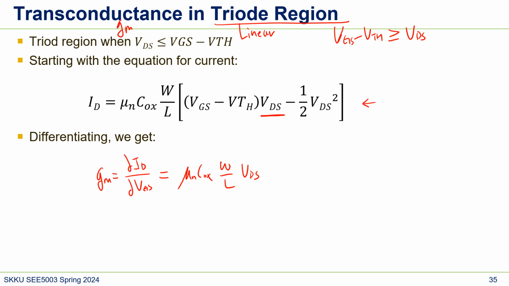And what was the saturation region thing? For the saturation region, GM was mu n COX W over L, and then VGS minus VTH. So in the triode region, suddenly GM is not a function of VGS. This is a function of VDS.